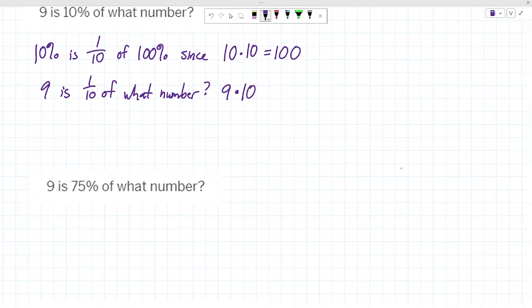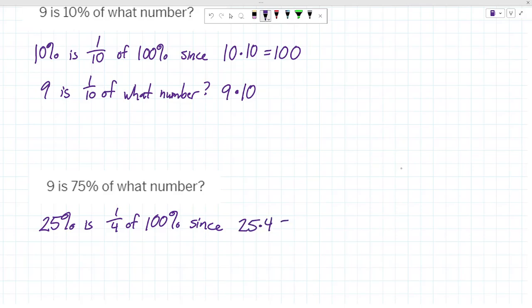9 is 75% of what number? So earlier we said that 75% is kind of like 3/4. So let's think about if we had 4/4. So 25% is 1/4 of 100%, since 25 times 4 equals 100.